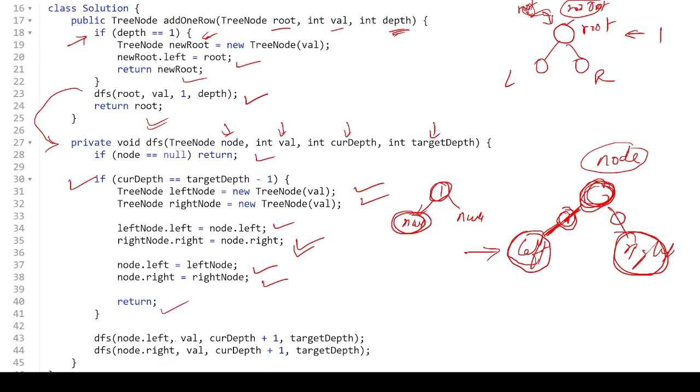And finally we will call dfs on node dot left with val, and each time we'll update current depth plus 1 and the target, and similarly we'll do it for the right with current depth plus 1. Each time we move, first we go to this level, then this level, and similarly the next level.